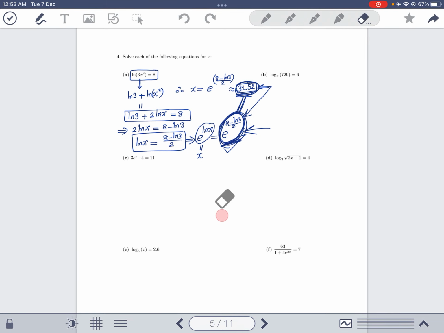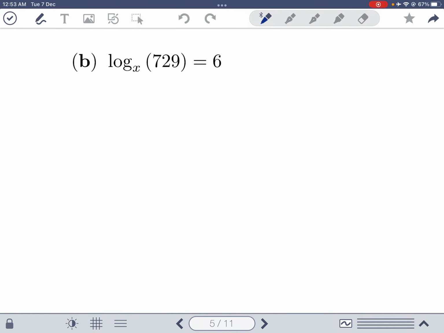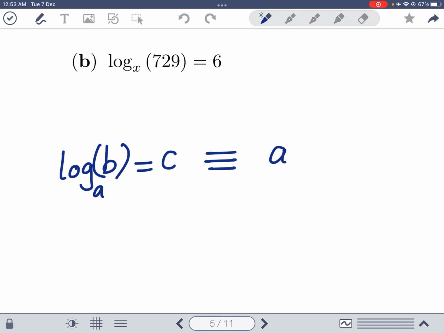Good. So let's now go to part B. Part B, log base x of 729 equals 6. Remember, if log base a of b equals c, this is equivalent to saying that a to the power c is b.